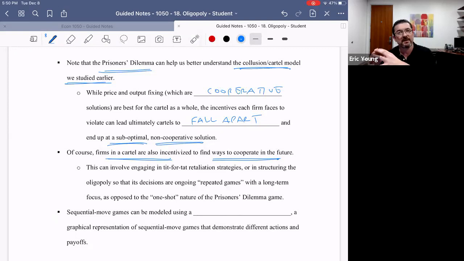They form the arrangement, it's going well, and then it fails. And we know why from game theory. But the cartels also know game theory. They also know about the incentives to violate, and therefore they're always looking for new incentives, new structures to prevent the violation. This is the strategy that's involved in these models.